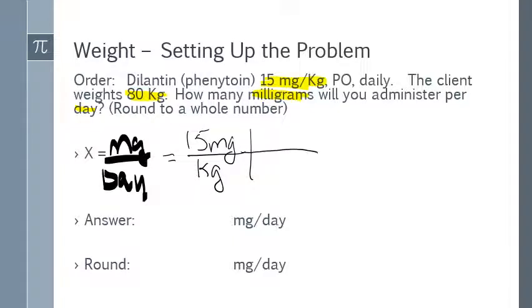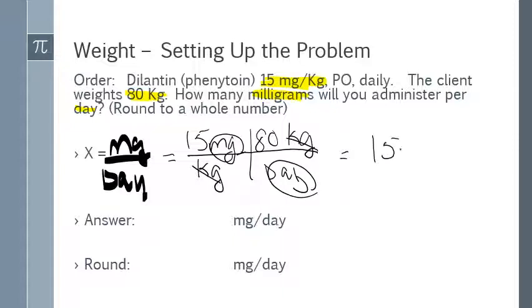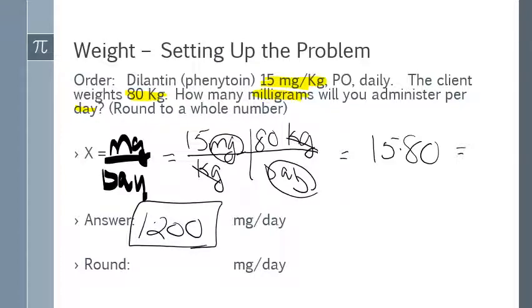We know that our client weighs 80 kilograms. What we're left with, we're going to put our placeholder of day down here. So basically what you end up doing is just multiplying 15 times 80, and that gives us 1,200 milligrams per day as our final answer.